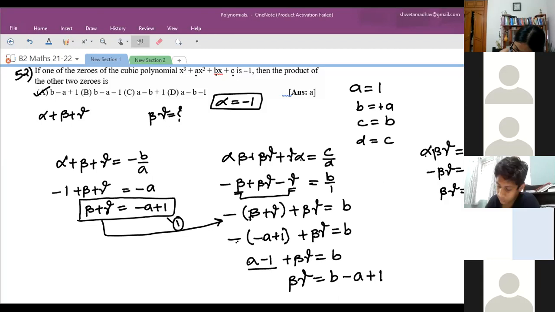Ma'am, is it not minus 14? No, it is minus D, the last term. The negative of the product of zeros is the last value in the polynomial. Okay, ma'am. Minus of minus 14.